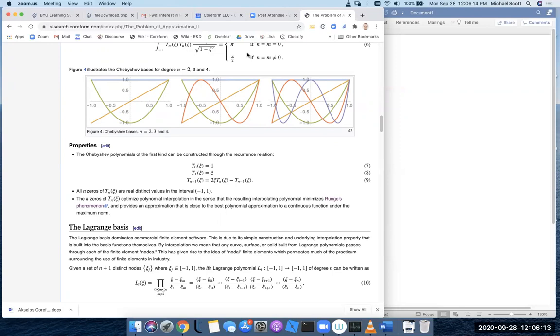So when you pick those points, it's like writing that unique interpolating polynomial in the Chebyshev basis with respect to those zeros. It doesn't really matter what basis you use, but those points do matter. That's the interesting thing, those points are significant.